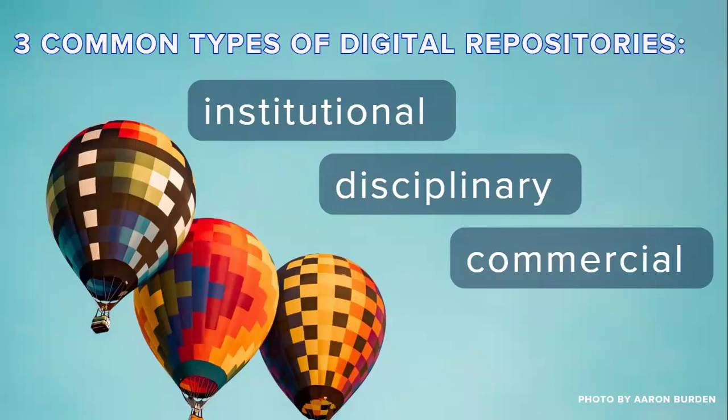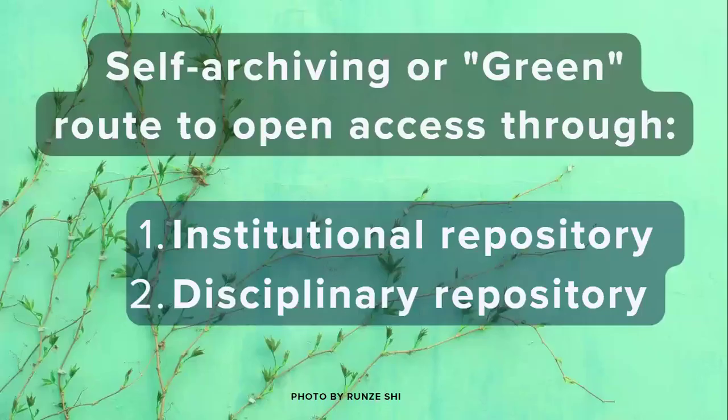So whatever has to do with archaeology can be uploaded here. Other types of repositories are commercial repositories, and I will not focus on this third type. I will focus on the first two, the institutional and the disciplinary repositories.